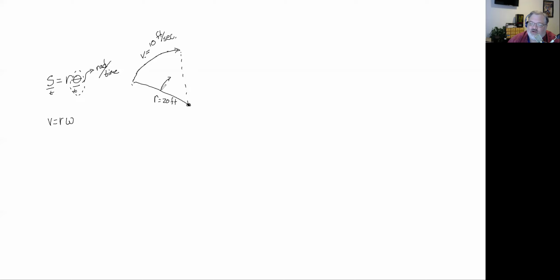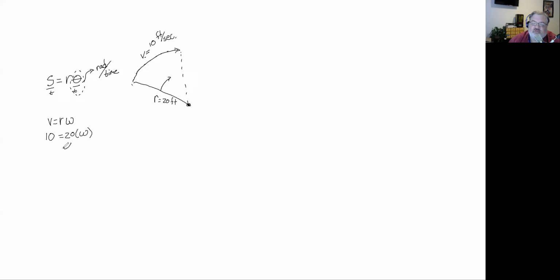So a reasonable question would be, how fast is this angle growing? Well, this relationship will give us that. So if we have a velocity of 10 feet per second, and we can even put in feet per second if you want, equals 20 times that angular velocity, omega, that we want.